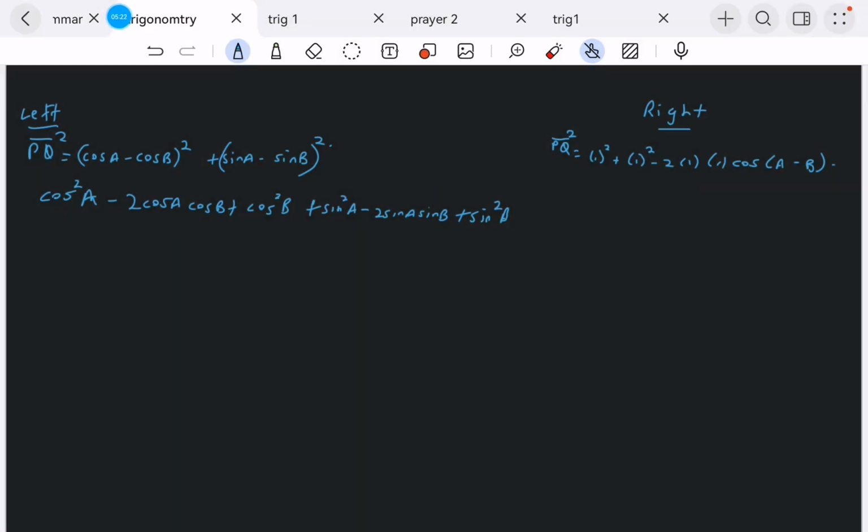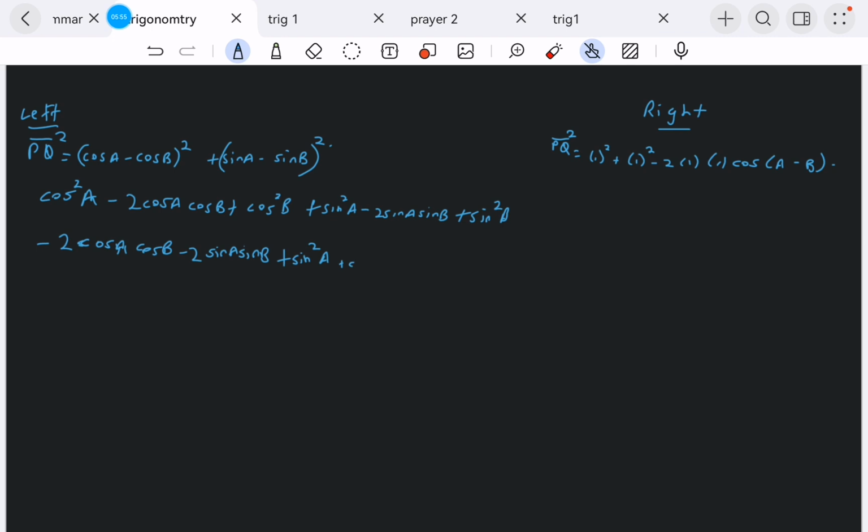Okay, so let's collect like terms. The first like terms, we have this and this. Okay, so let's put them together. Negative 2 cos A cos B minus 2 sin A sin B. Good. The next like terms, we have sin squared A and cos squared A. And somebody remembers something about that.